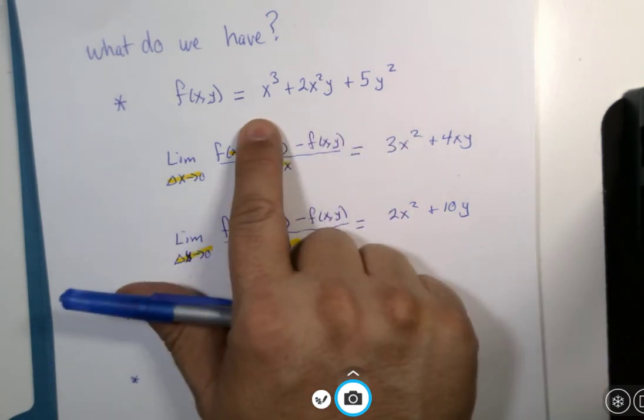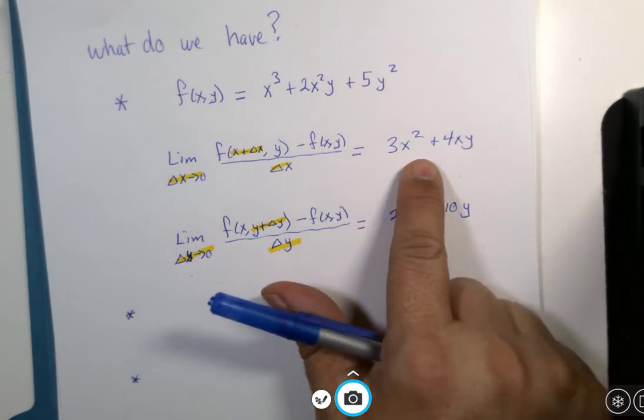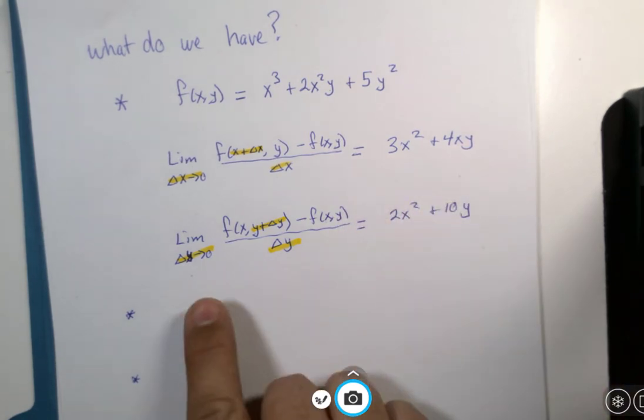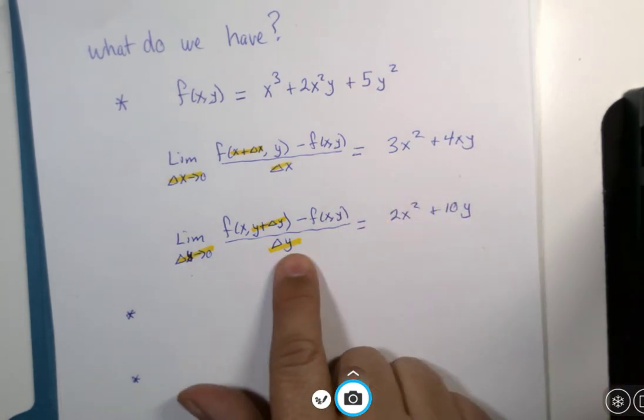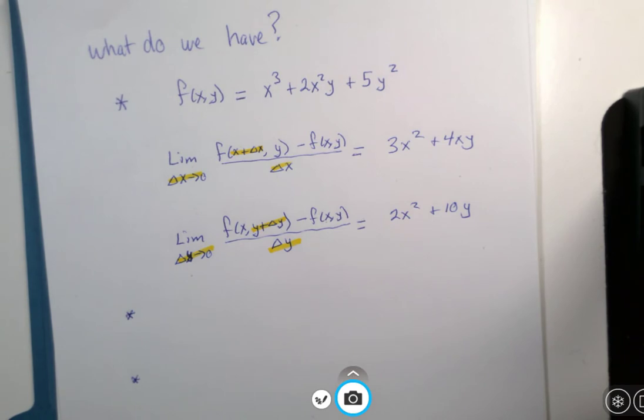When x was our variable, this polynomial turned into 3x squared plus 4xy. But when y was the variable, I've got 2x squared plus 10y. I am really trying to avoid pointing directly to matching or corresponding terms. But I do want to tell you what this is called.